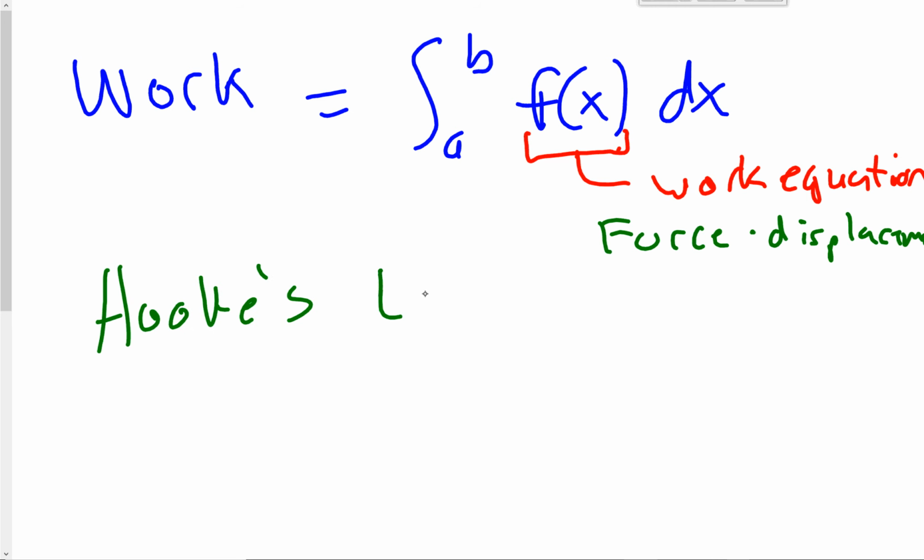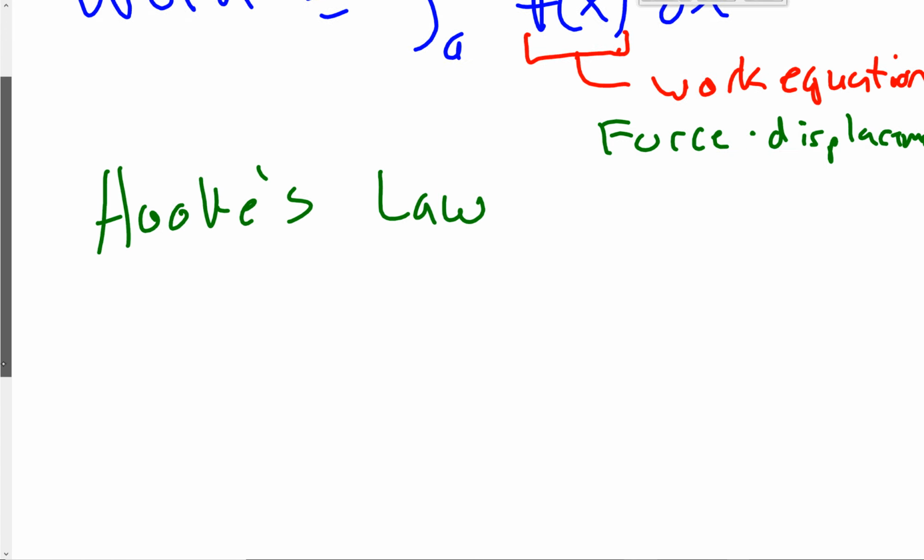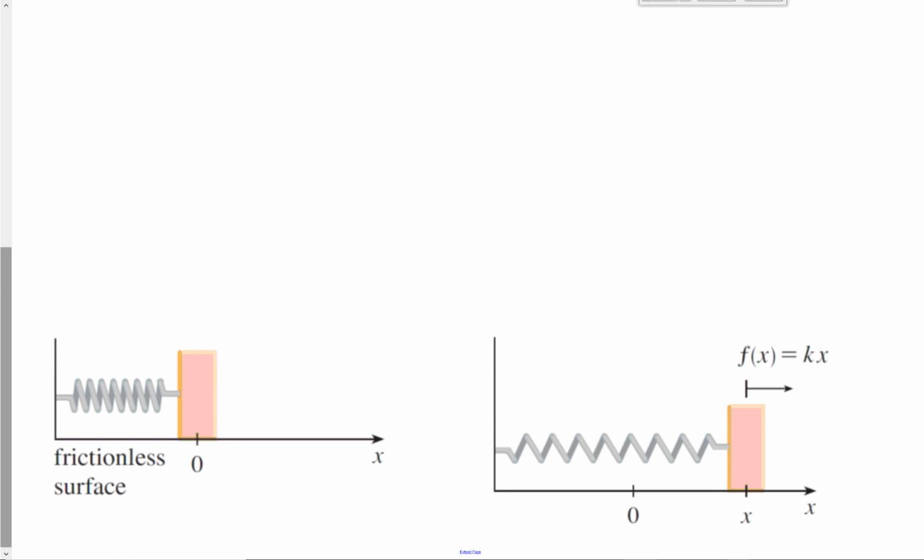Now Hooke's law is saying that if I have a spring that looks like this, it sits at a natural length, and if I stretch it beyond that natural length, whatever that distance is, it's proportional to the force that it takes to maintain that length.